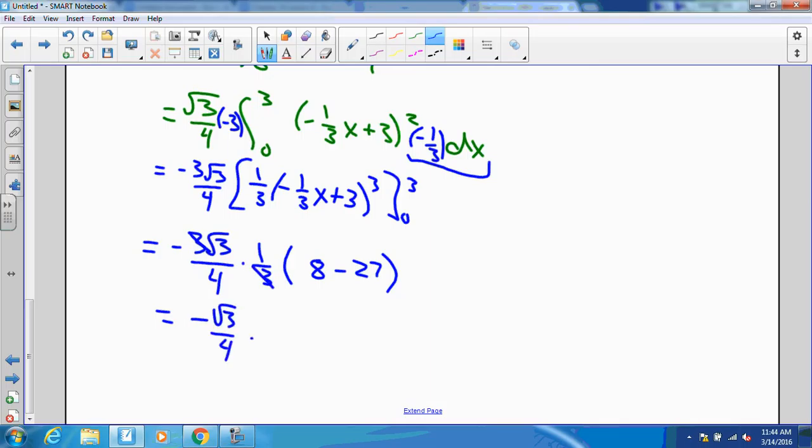And 8 minus 27 is negative 19. So that I get 19 roots 3 over 4. I think in the notes I have 3 times that, which is a mistake. Do I have 57 root 3 over 4? That sounds familiar from what you're putting in the notes. Yes, so I just failed to divide by 3 in there, so I'll need to fix those notes.